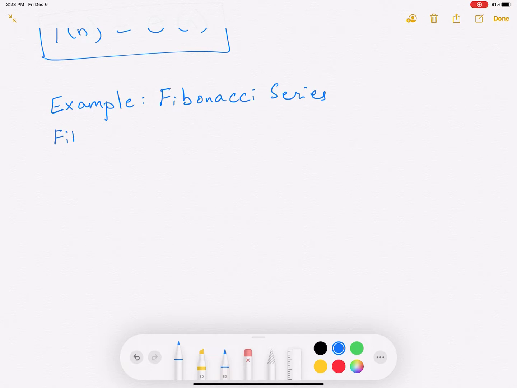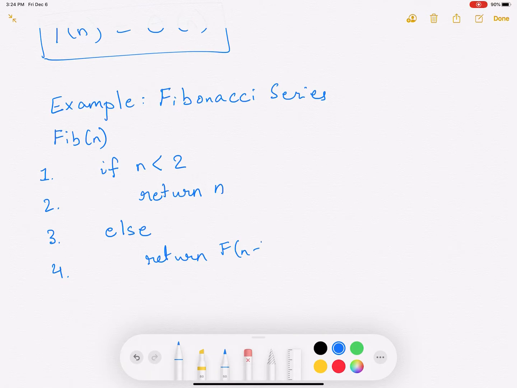So basically fib(n), the function for the Fibonacci series, will be written like this. If n is less than 2, we will just return n. Otherwise, we return fib(n-1) plus fib(n-2). In the Fibonacci series, the nth number is the summation of the (n-1)th and the (n-2)th number.